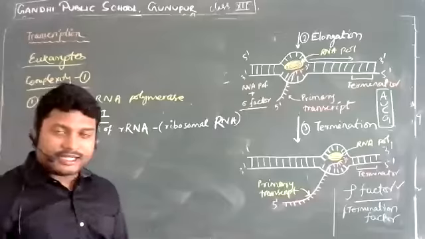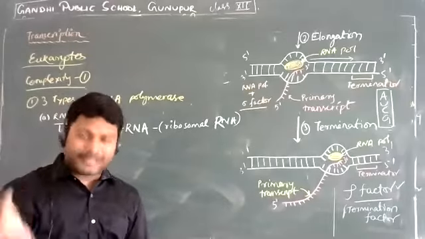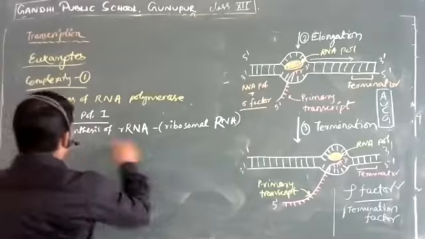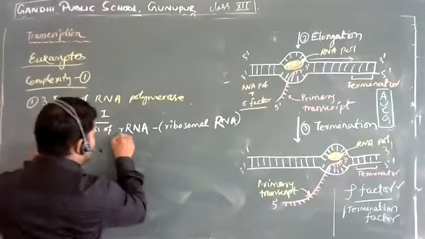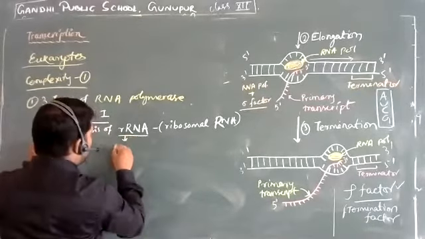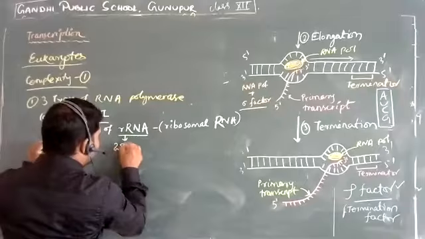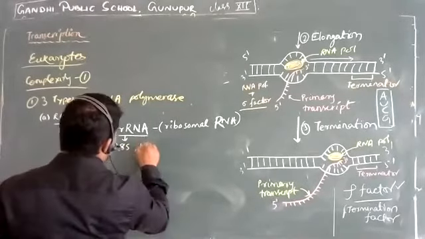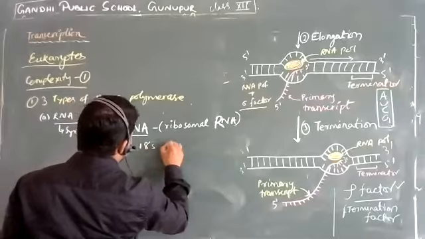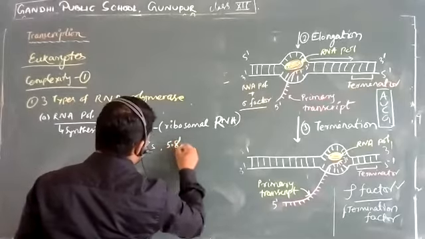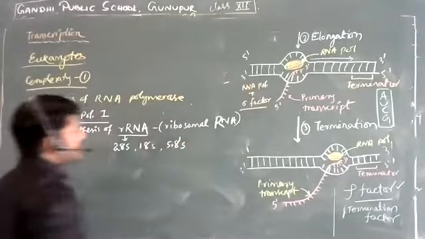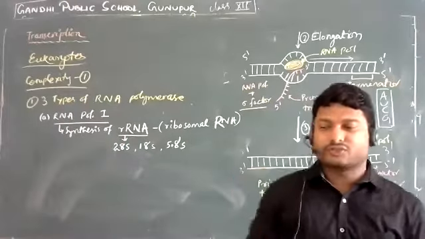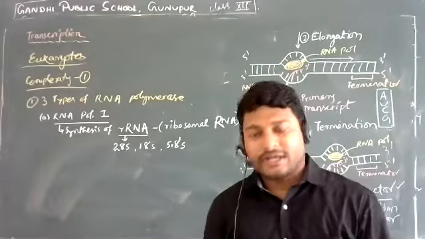The ribosomal RNAs make up the ribosomes, and they are of different types. The rRNAs formed by RNA pol 1 are 28S rRNA, 18S rRNA, and 5.8S rRNA.